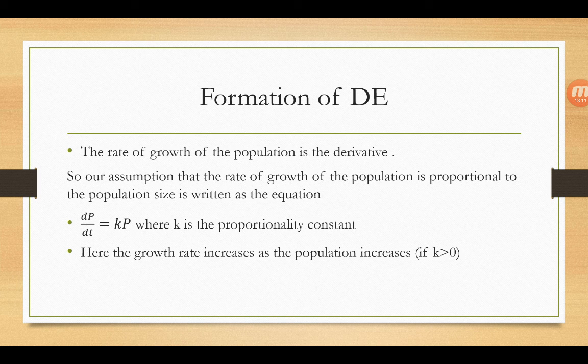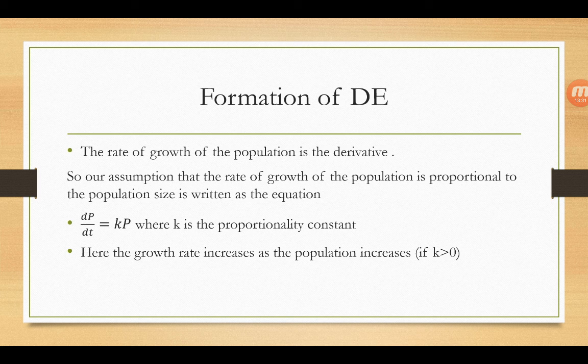Now, the growth rate increases as the population increases. How? We'll consider here k as greater than 0 and we'll rule out the case P is negative.